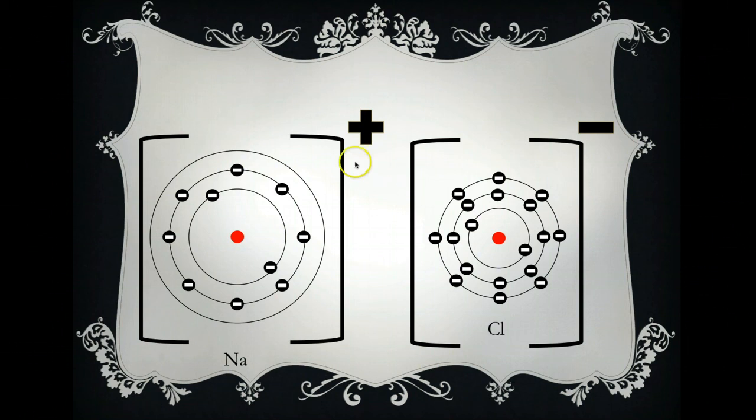Now the way we write ions is by using brackets. So if sodium is now an ion, we put a bracket around it and put the positive charge out here. And the same with chlorine. Chlorine is now an ion, so we put a bracket around it with a negative charge out here. Now, what do we know about positive charges and negative charges?